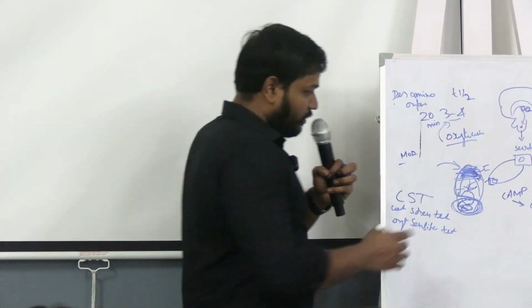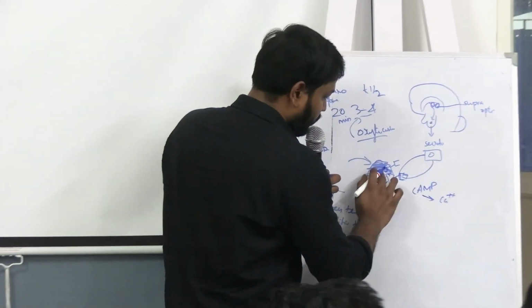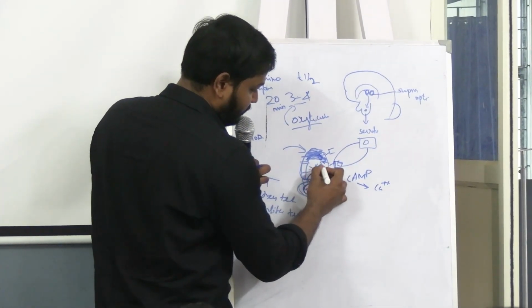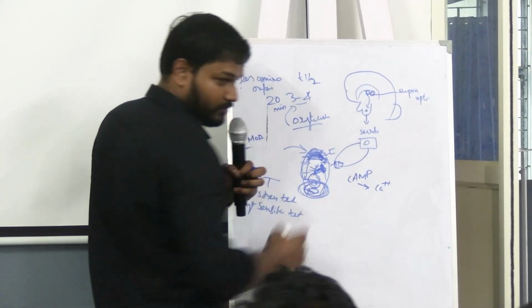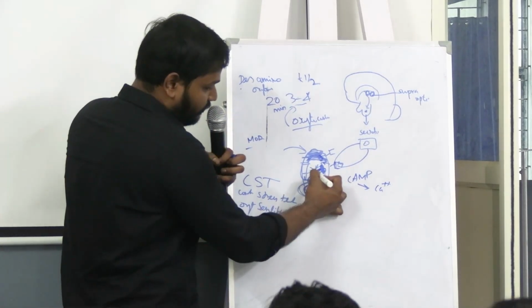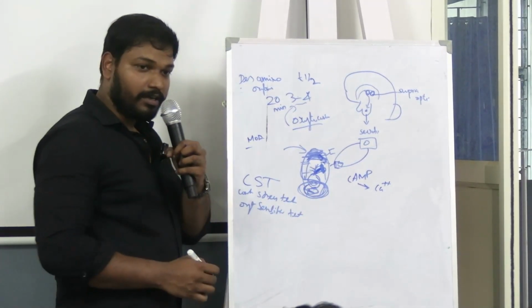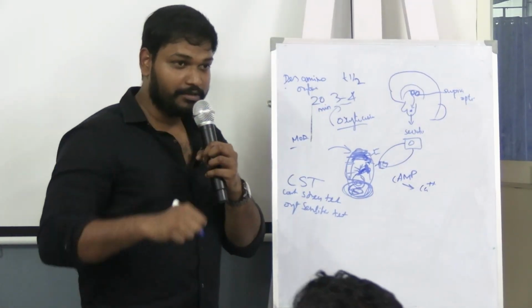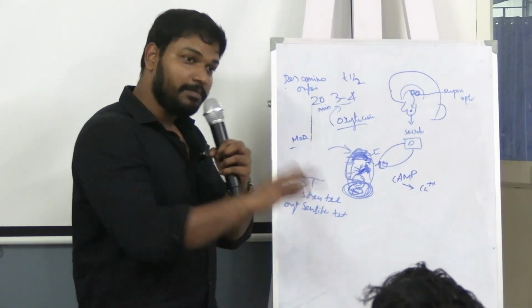Here, this baby has a placenta, and the placenta is connected through the umbilical cord. Whenever there is uterine contraction, the blood supply to the baby is hampered.